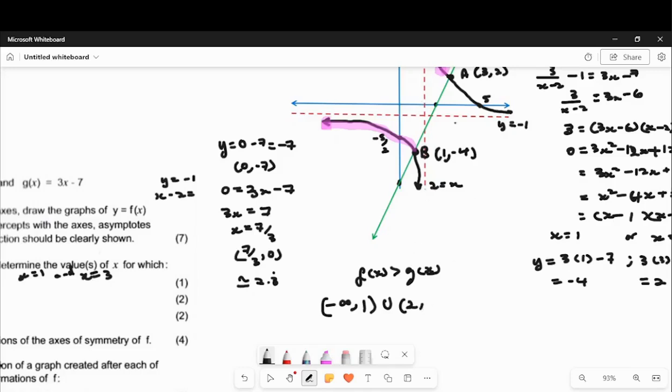Up until that point, which is the x value of the intersection, and it's also not included. So this is the solution.